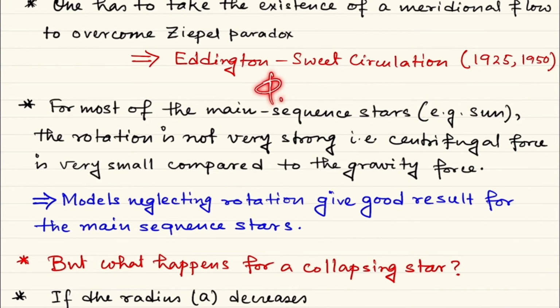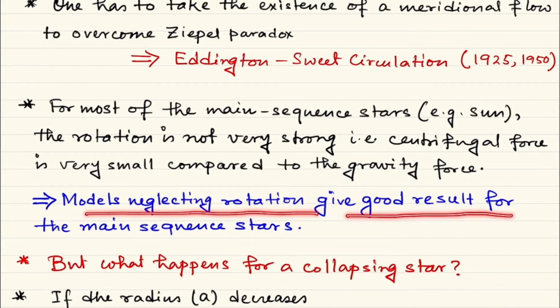So phi effective is almost equal to phi. Now for this type of stars, there are models which totally neglect the effect of rotation, and we have reasonably good results for those stars.